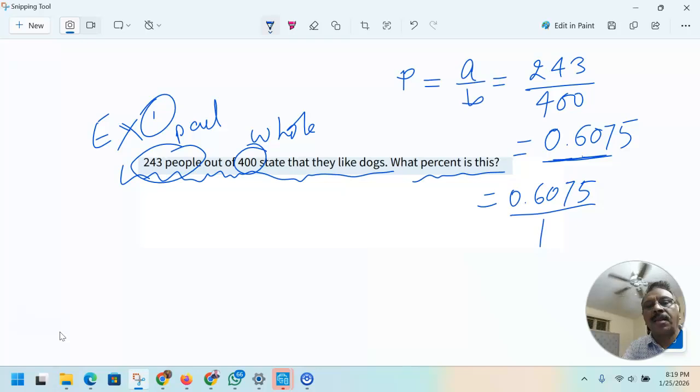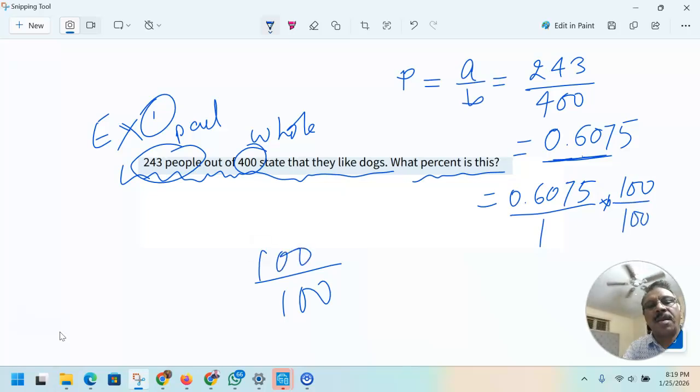Now if you want to get out of 100, all you do is multiply by 100 up, 100 down. Why do we do this? Because 100 divided by 100 is 1. That way the down number will be 100, and the decimal moves two places, 1 and 2. So that goes right here.